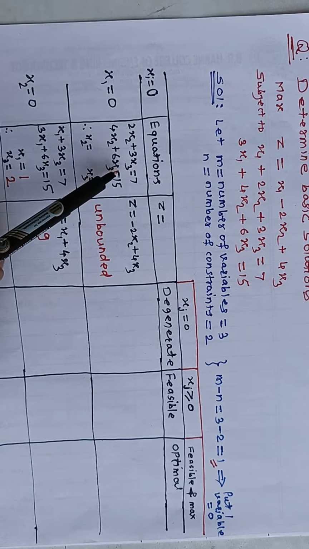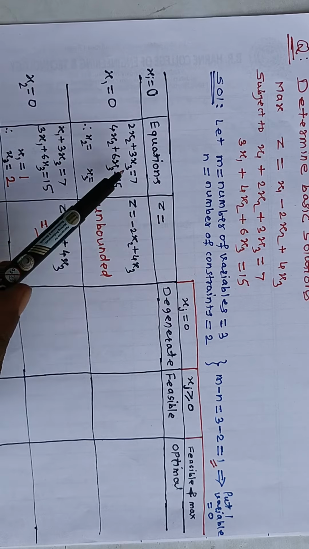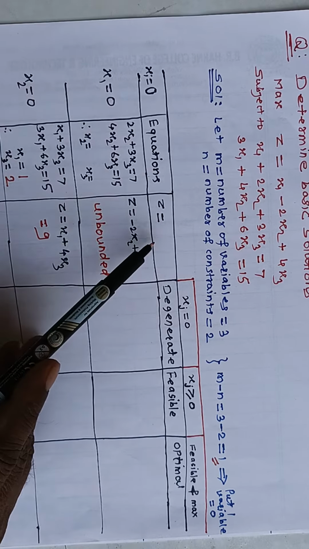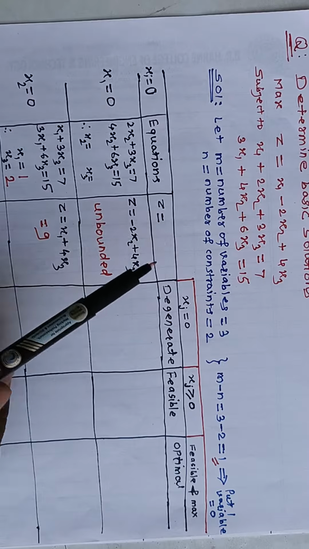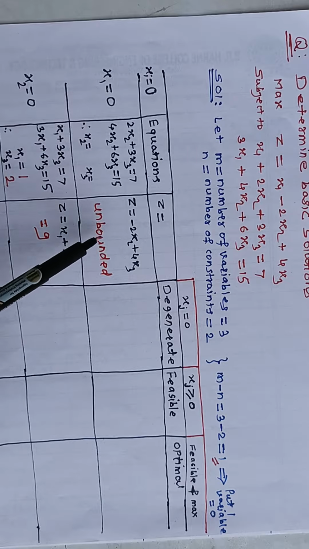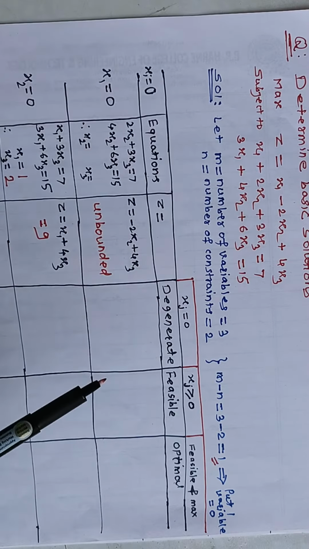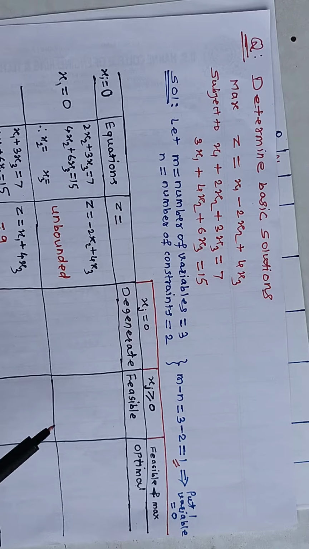That 2 equations you have to solve and get the values of variables whatever may be that. Okay. Third column, that is value of z. Put the values of x1, x2, x3 and get the value of z. z is objective function. You have to find out value of objective function.